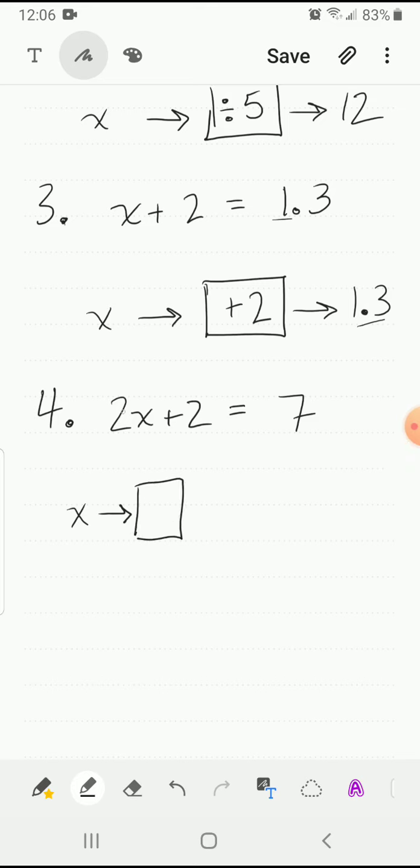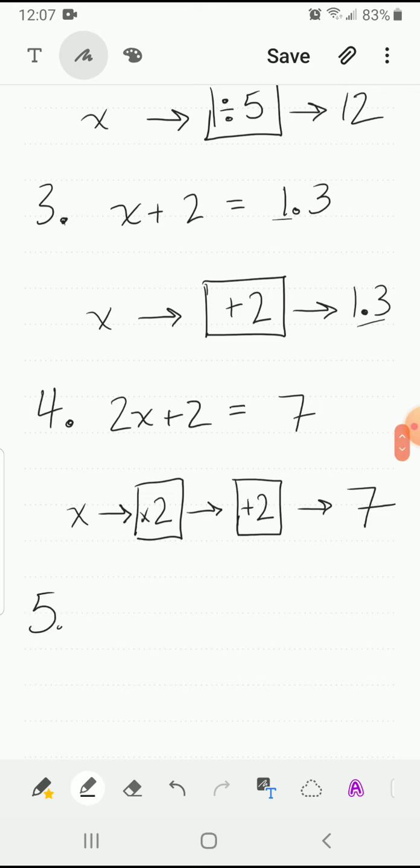Our first machine is this 2. That's the first thing happening to the x. It's being multiplied by 2. Then there's a second piece that's adding 2. And then our output is 7. Okay, so we had 2 pieces there.